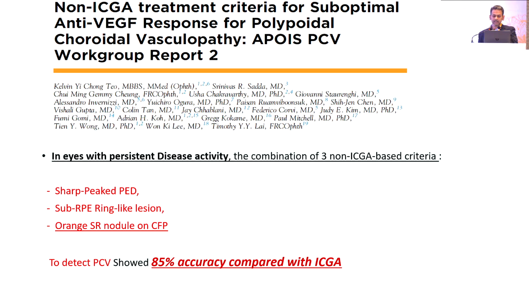And in the recent recommendation, the en face OCT complex RPE elevation has been replaced by color fundus photograph showing an orange subretinal nodule.